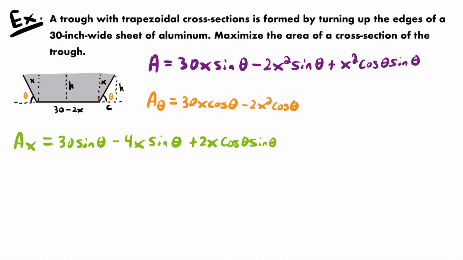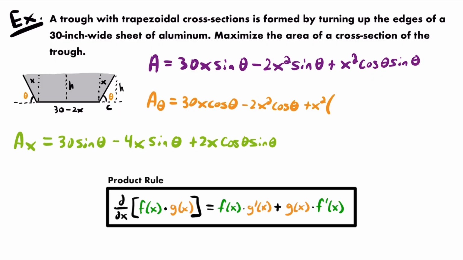And then for the last term here, we will have to use the product rule because we have cosine theta times sine theta, a product of two functions in terms of theta. So let's work on that here. We'll have x squared times the derivative of this product of functions. So we'll take the first function, which is cosine theta, times the derivative of the second, but the derivative of sine is cosine, so you'll have cosine times cosine, which is just cosine squared.